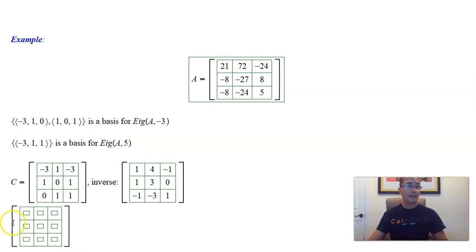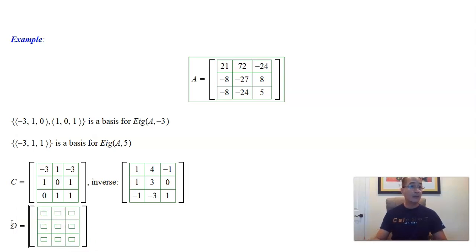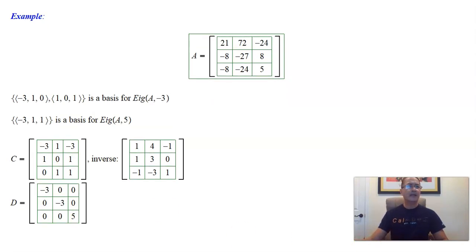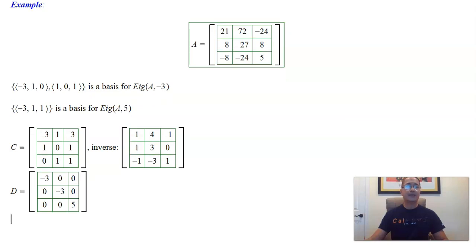Imagine that. Okay, so let's make our diagonal matrix. On D, we will have -3 twice because we have the two-dimensional subspace, and 5. I have to fill in these entries or Maple will freak out. All right, so that is C. We have C inverse and we have D. Let's do the factorization.